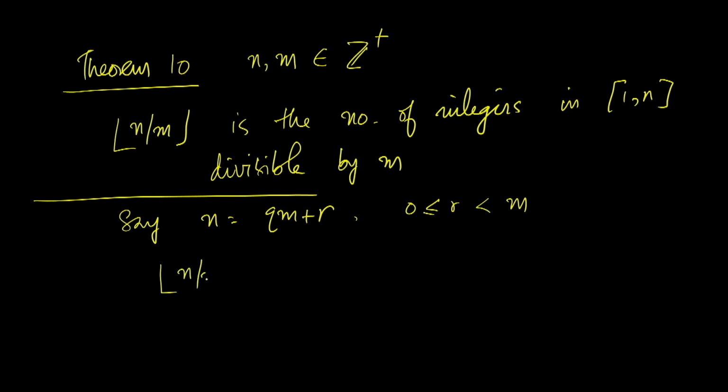Then floor of n by m is the floor of q plus r by m, which is q because r by m is less than 1.